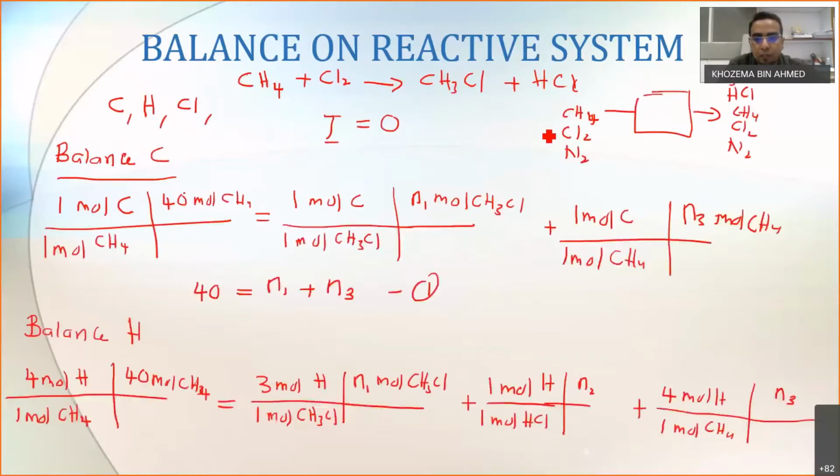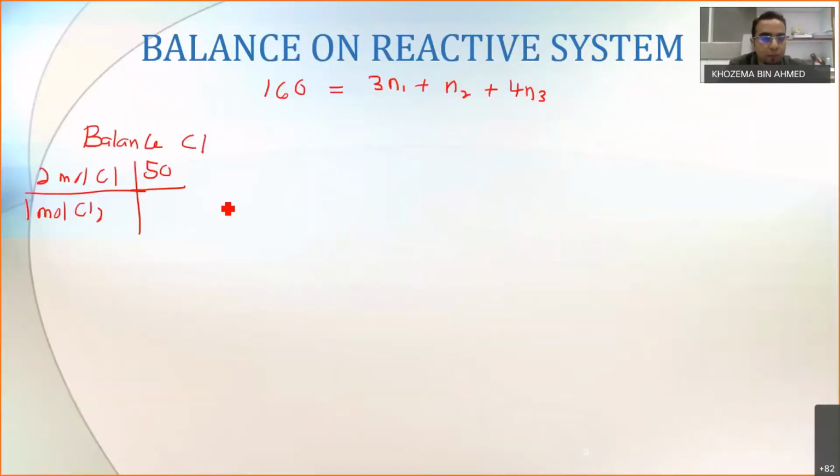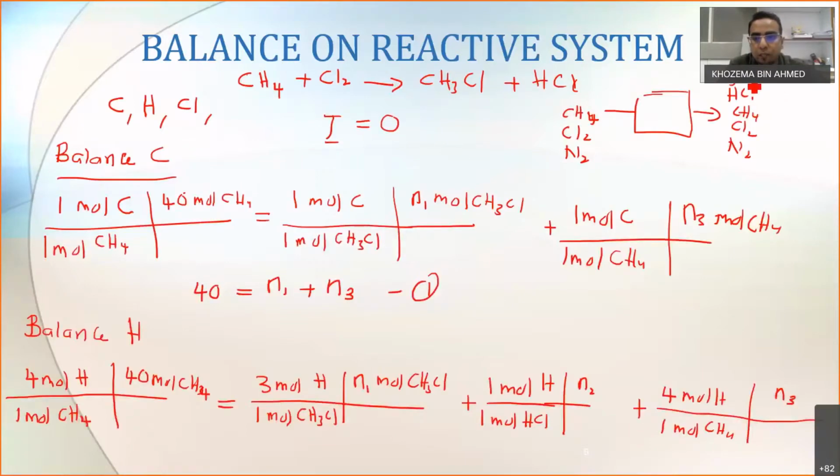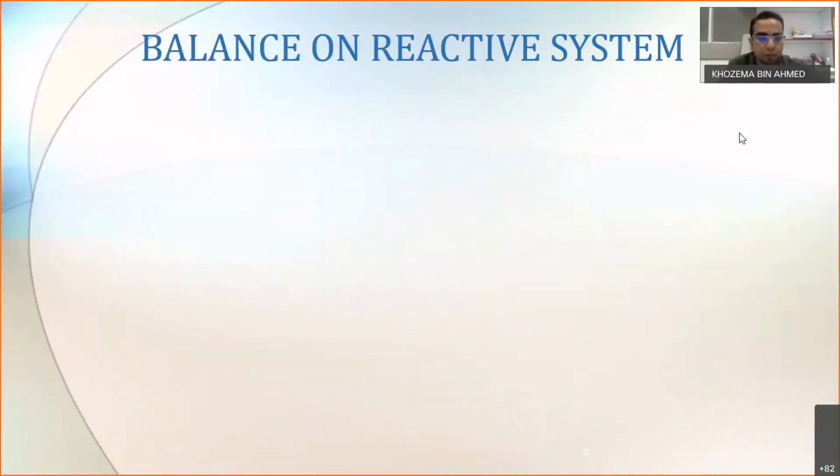So there is no Cl in our input side from any other source. In our product we have 1 Cl in 1 chloromethane, 1 Cl in 1 HCl, and 2 Cl in our unreacted chlorine.